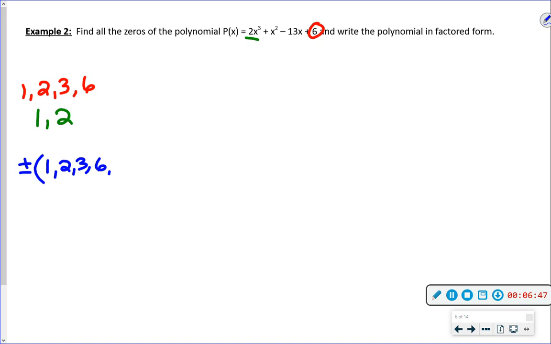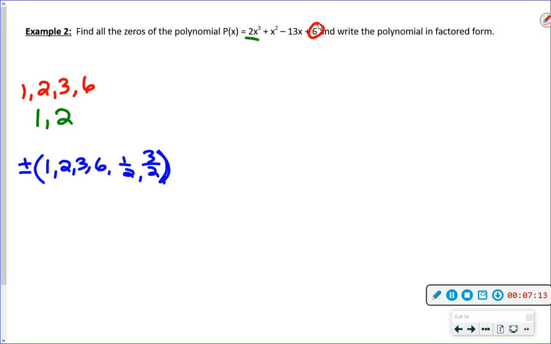So 1 over 2. Oh, gosh. This list is getting longer. I don't like it. 2 over 2, I already have 1. 3 over 2. And 6 over 2, 3, I already have. Okay. Let's close it off there. So 3 answers. I have how many potential listed here? 12. Yep. Okay.